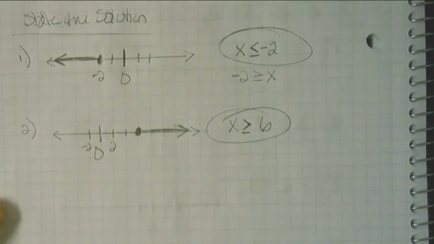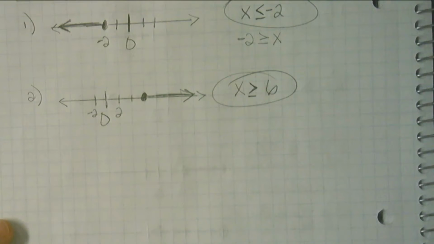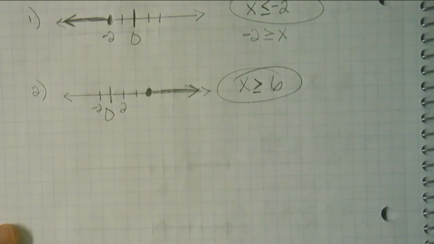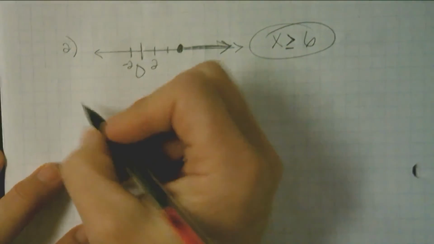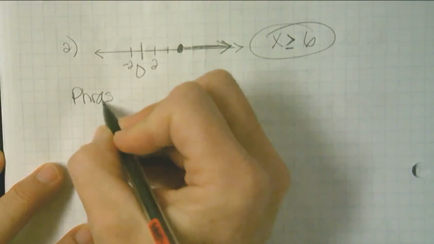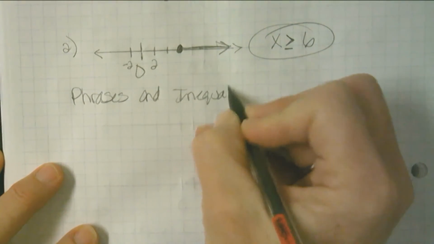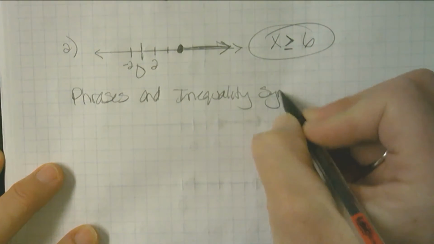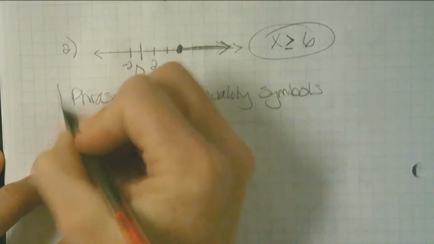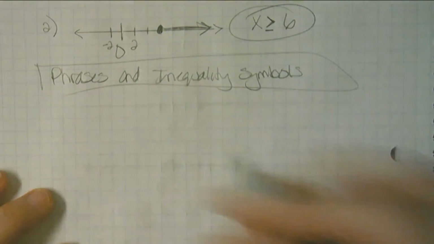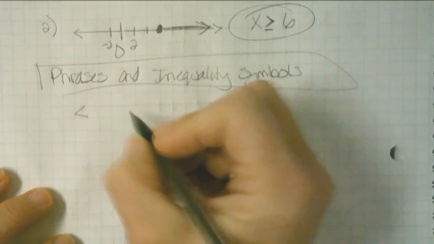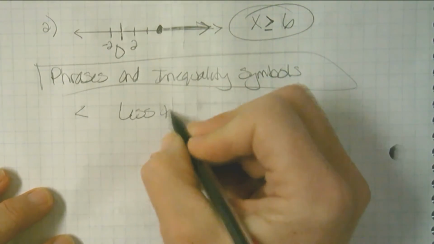Okay. All right, so now let's talk about if we're given phrases, how we know if it's a greater than or equal to, greater than, less than or equal to, less than, okay? So let's talk about phrases and inequality symbols. So if I have this one, this is a less than.